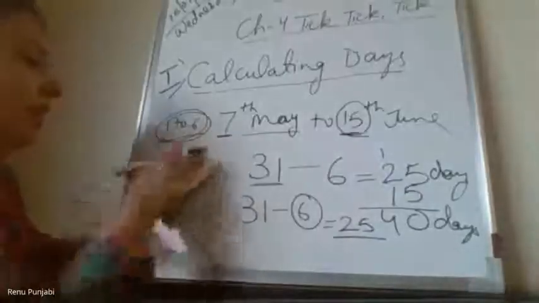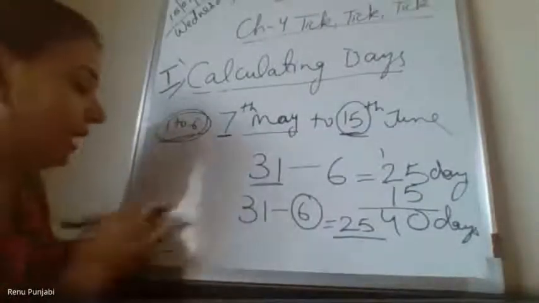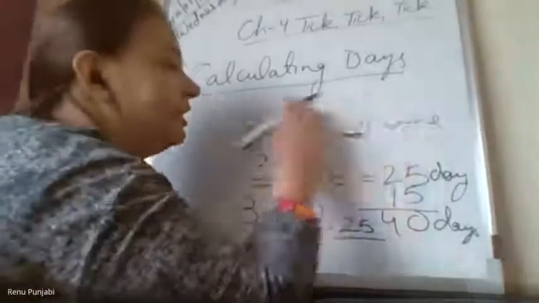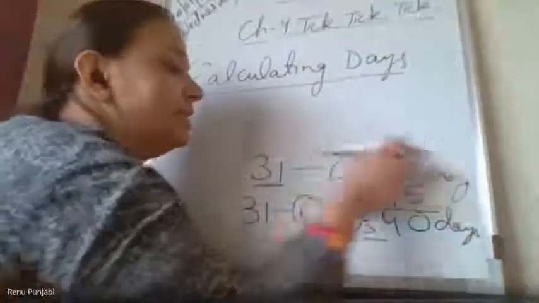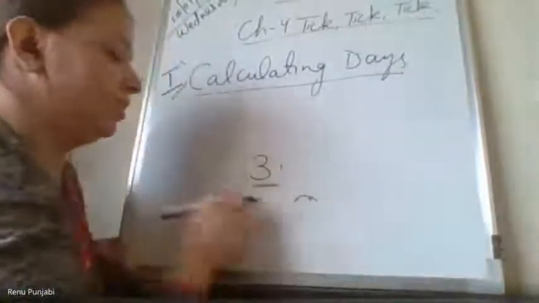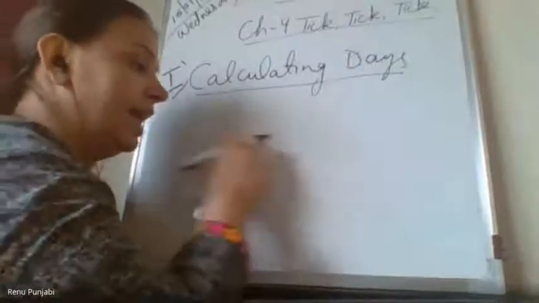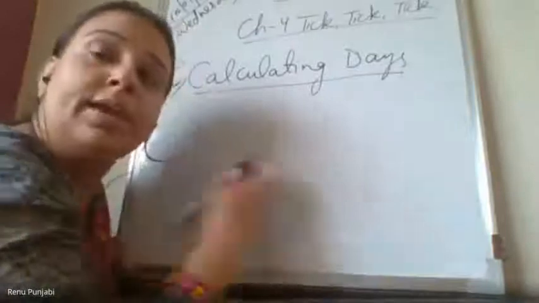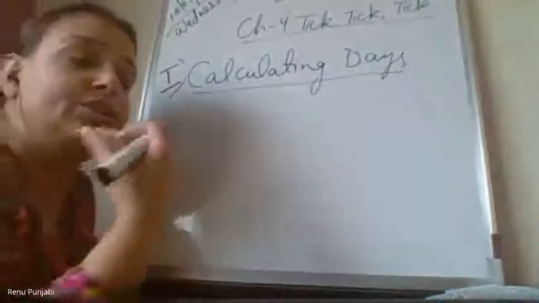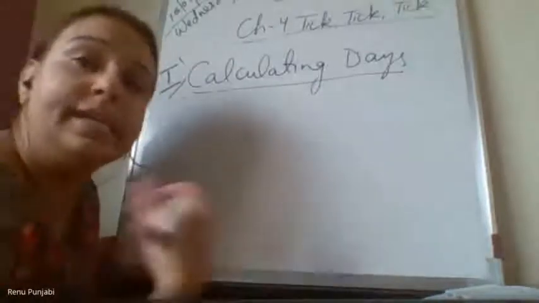Okay. So now I hope you all are clear how to calculate the number of days. Now we will move to the timeline. You can check in your textbook also. There was one girl making a diary about her little sister's activities: when she was born, how old she was when she got the first tooth, when she started eating.